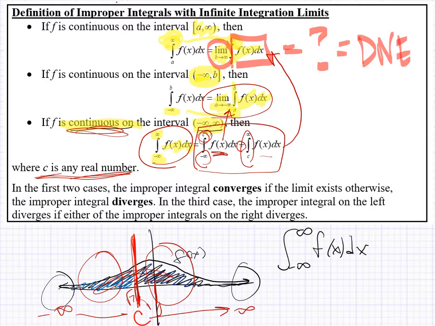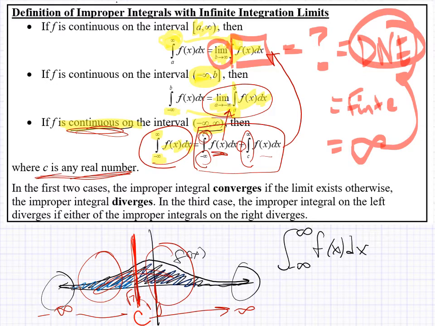For a limit to exist, remember, it has to be equal to a finite value. If you get infinity, that technically does not exist. So the idea here is for this improper integral to exist, the limit has to exist, in which case what we say is that the integral converges if the limit exists.